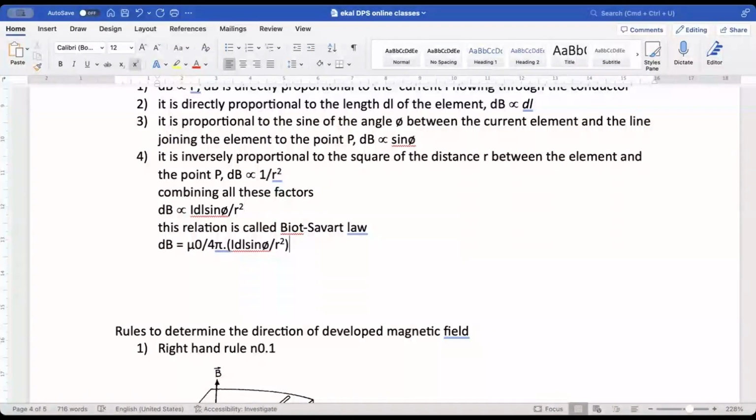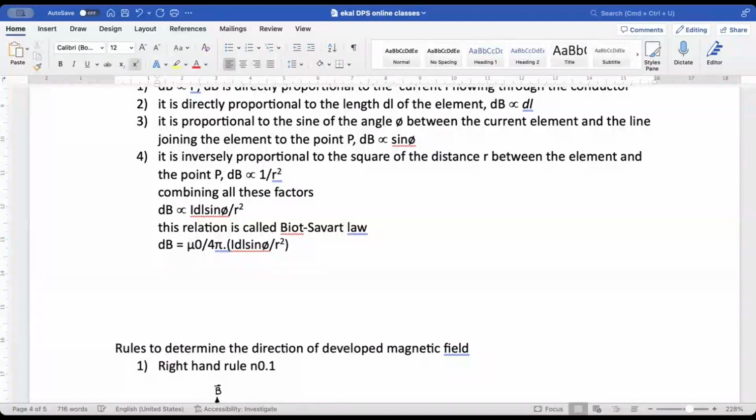Because sine theta is involved here, the direction of the magnetic field is perpendicular to the plane of the current and the plane of this r, which is the distance, and the dl, the current length element. So the Biot-Savart law in the vector form can be written as dB.